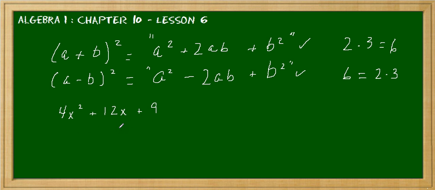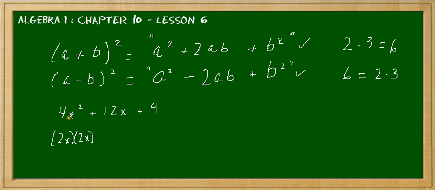Okay, it's there, particularly as you get more advanced. And when you step into Algebra 2, some of these problems are going to be so complex, but they're really going to be simple if you recognize how to factor. Now, let's see. The first term is the square of 2x. We can write 4x squared as 2x times 2x, because 2 times 2 is 4, and x times x is x squared.